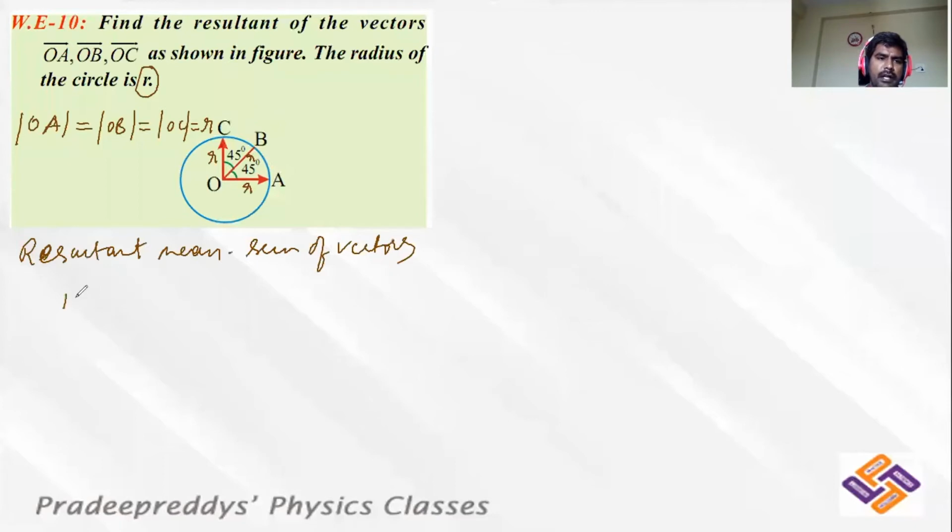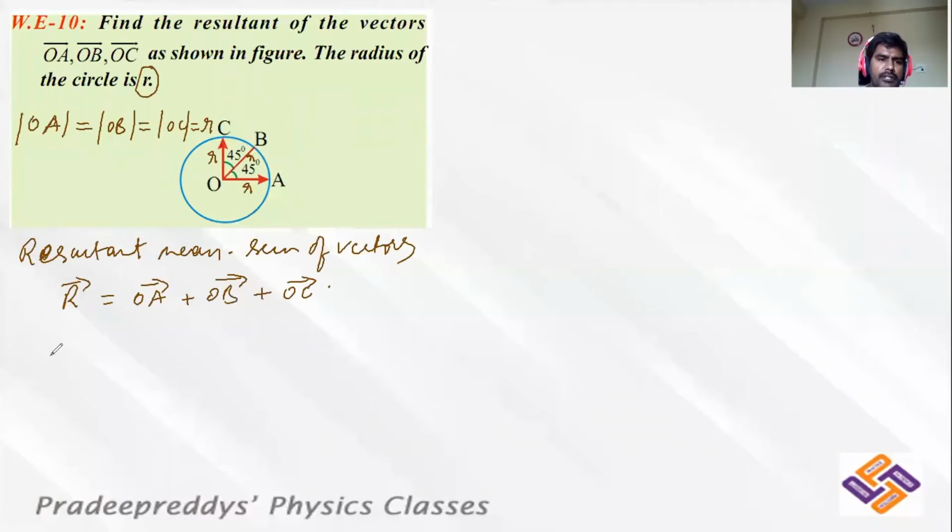Let me consider R bar, which is the resultant vector. This resultant vector can be written as OA bar plus OB bar plus OC bar. I need to find out the individual vectors and add them so that you will get the net resultant.